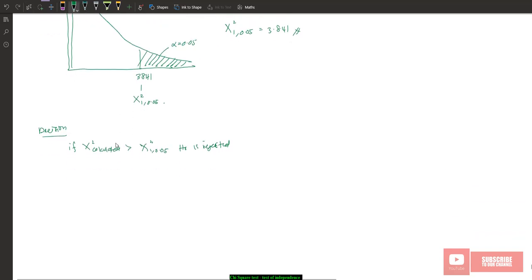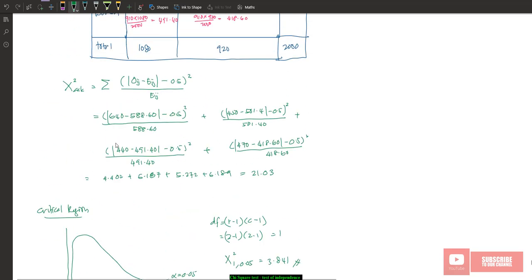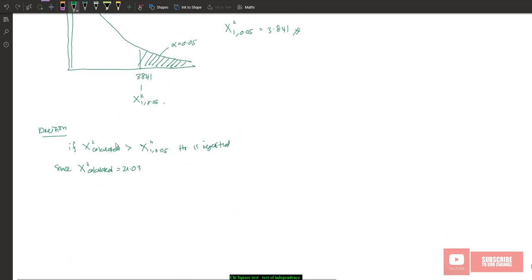Since our chi-squared calculated is equal to 21.03, which is more than the chi-squared with 1 degree of freedom at 0.05, which is 3.841, the null hypothesis is rejected.